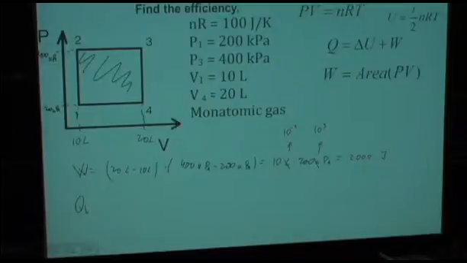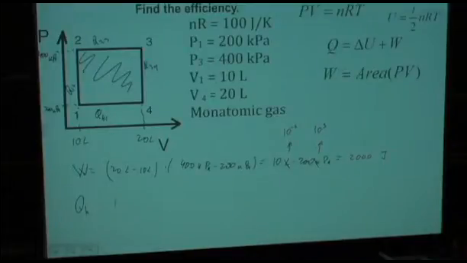So strictly speaking, we have 4 Qs for this cycle: Q12, Q23, Q34, Q41. Some of these are positive, some of these are negative. So which positive, which negative? Well, if we don't know, we just have to calculate each one by one, and then just scratch off all negative Qs. They don't matter.